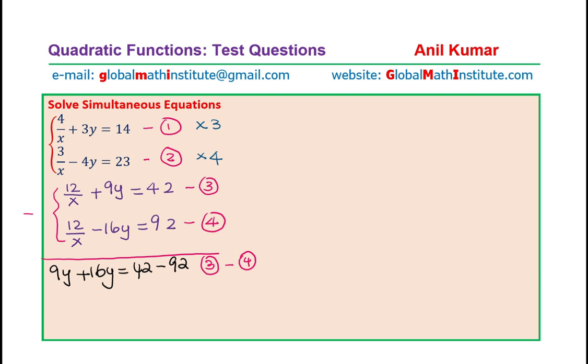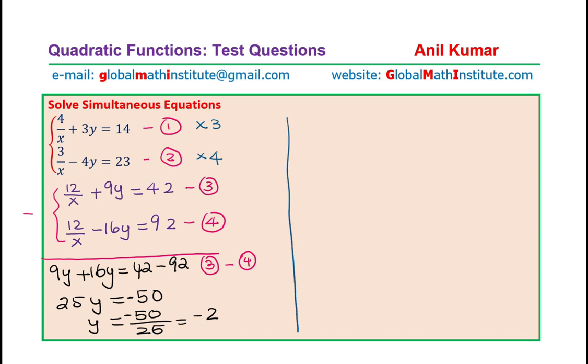Clear? So 9 plus 16 is 25, and that gives you minus 50. Friendly number, y equals minus 50 over 25. So we get minus 2 as the value of y. Clear? Great.